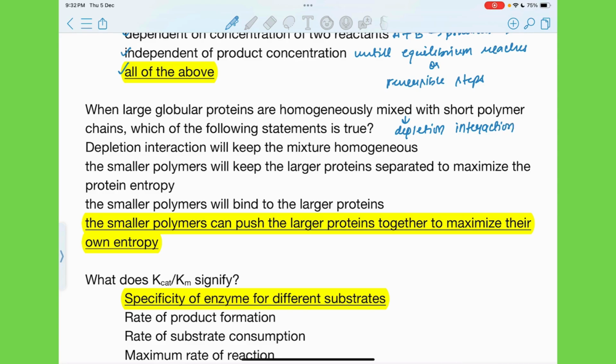So what is a depletion interaction? So the smaller polymers tend to maximize their entropy by avoiding the volume occupied by the larger proteins. As a result, the smaller polymers create an osmotic pressure that pushes the larger proteins together. So the correct option is option number 4, as explained by the depletion interactions definition.